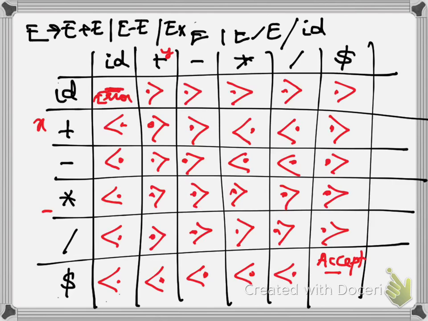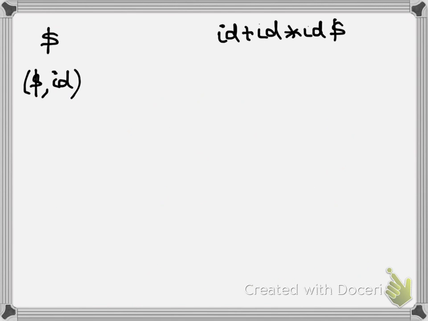If I look at the table, I'll find $ and id. So $ is less than id. So we are going to push to the stack. So I'll have $ id here, and in the input I will have plus id into id $.